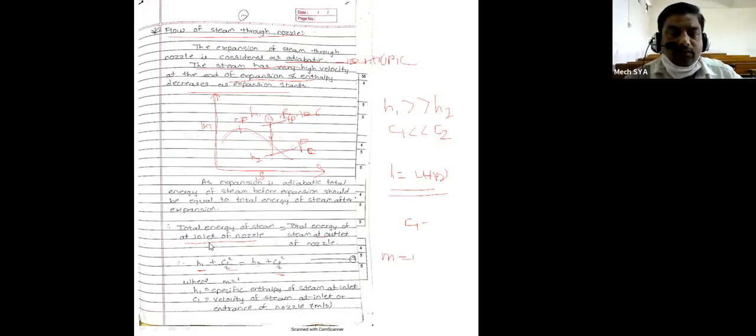Therefore, the total energy of steam at inlet of the nozzle is equal to the total energy of steam at outlet of the nozzle. Therefore, H1 plus C1 square divided by 2, where H1 is the specific enthalpy or heat energy and C1 square divided by 2 is the kinetic energy, is equal to H2 plus C2 square divided by 2, where H1 is specific enthalpy of steam at inlet and C1 is velocity of steam at inlet.